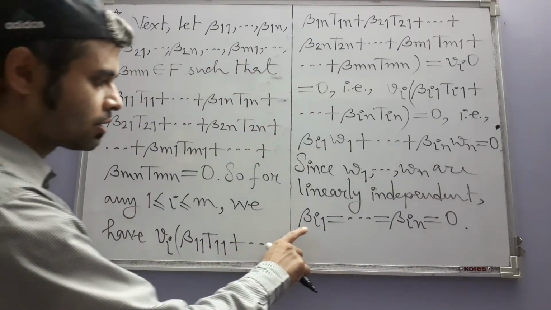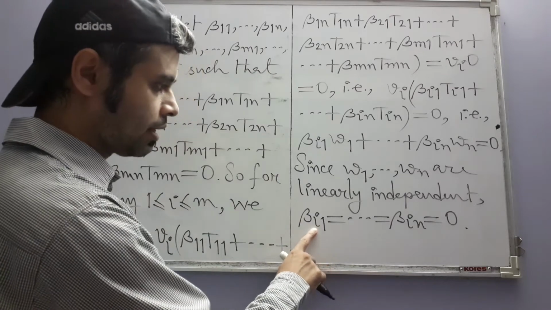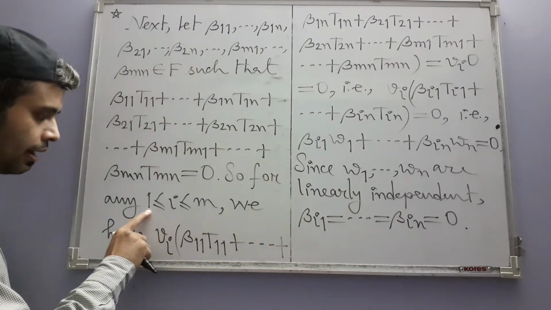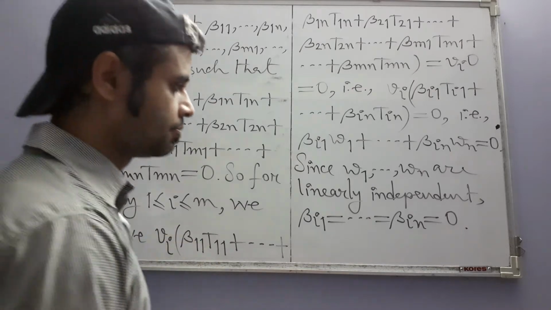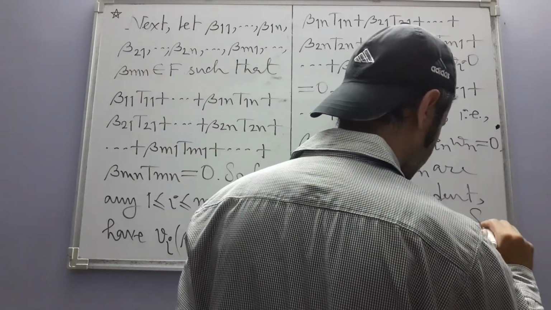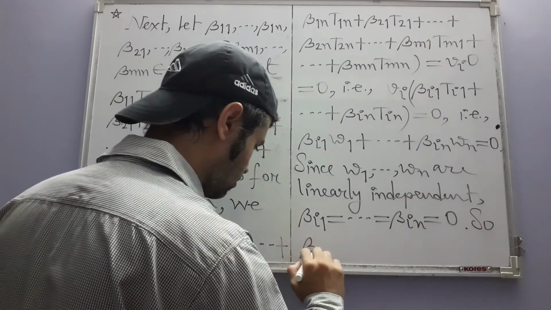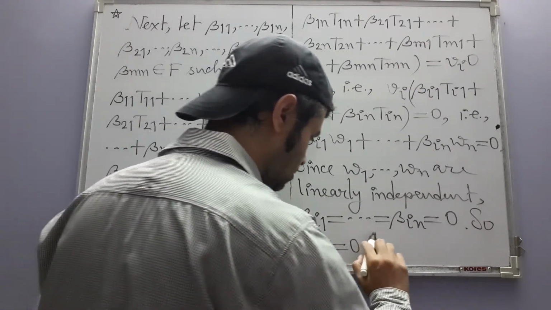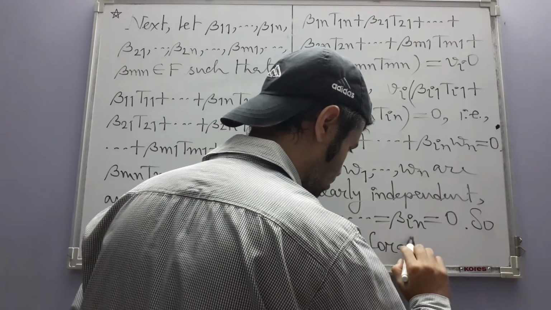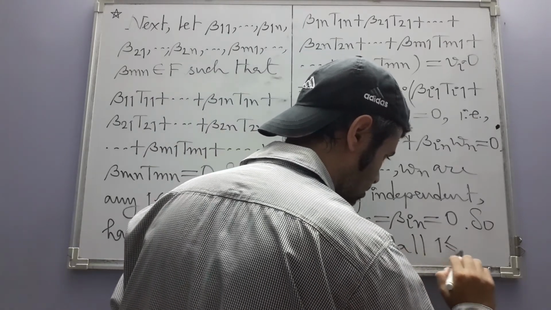Now this is for some arbitrary but fixed i. Now if you vary the i like this also, then you capture all the beta ij's. So beta ij is equal to 0 for all i's and all j's.